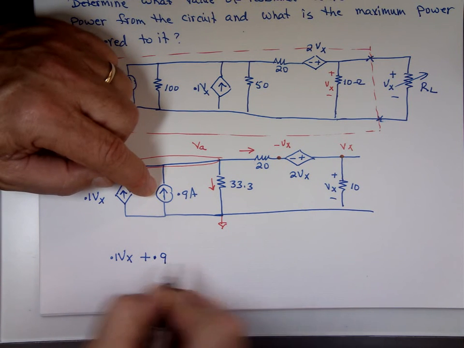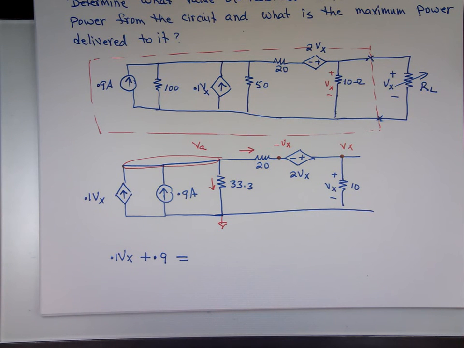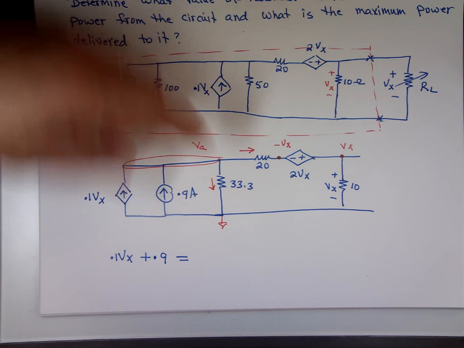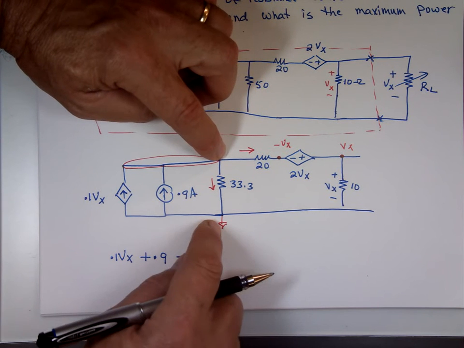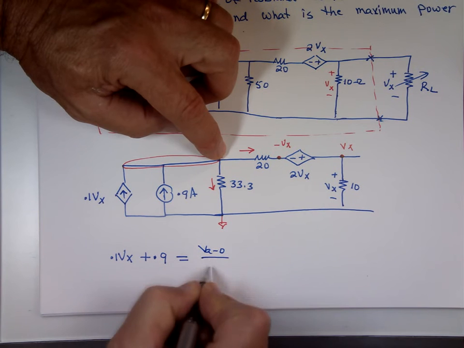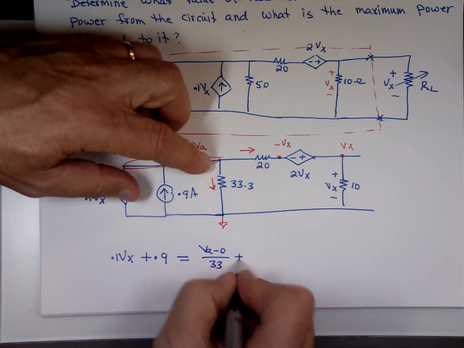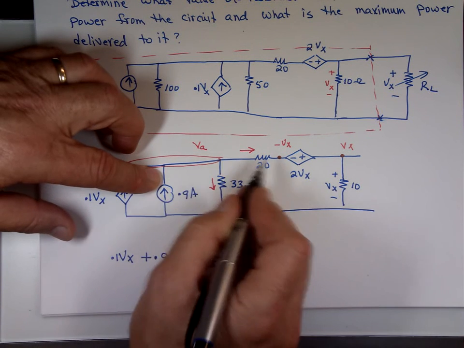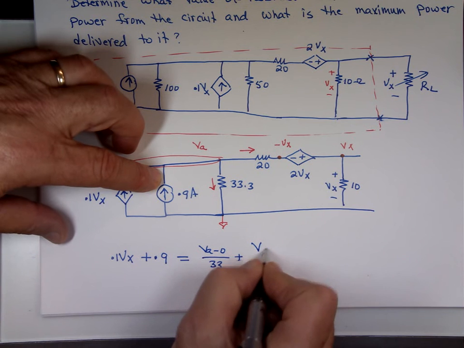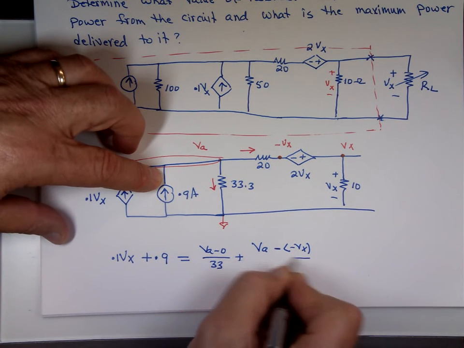That should equal the current leaving that node, which is what? This current, and that's VA minus nothing over the 33.3, or just 33 is good. And the other one leaving is that current, which is VA minus a negative Vx over what? 20.